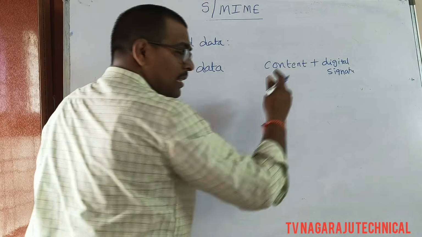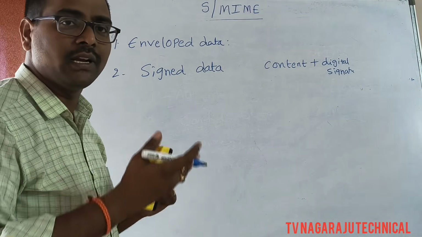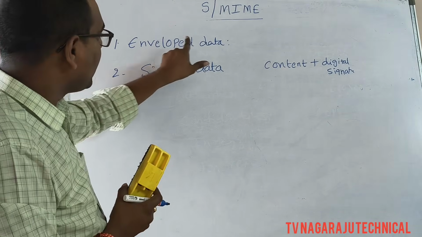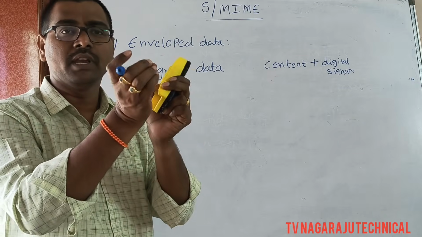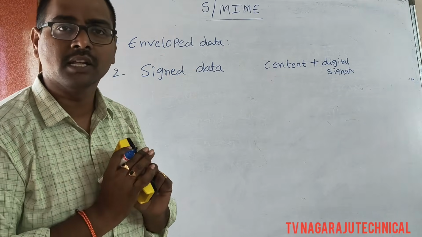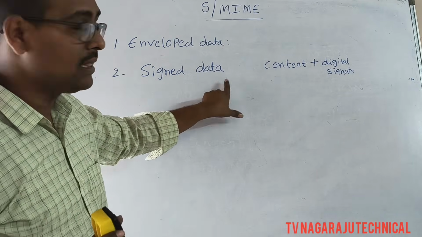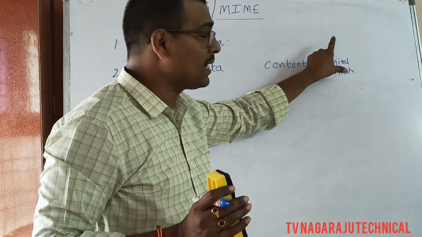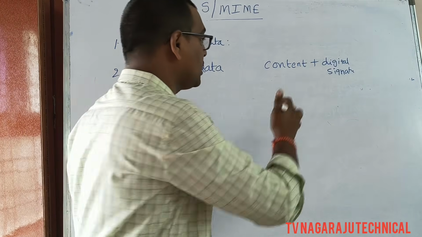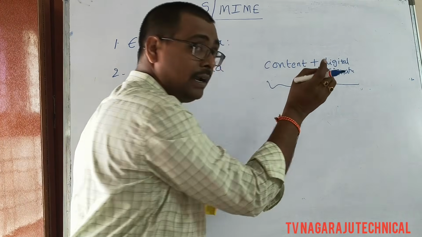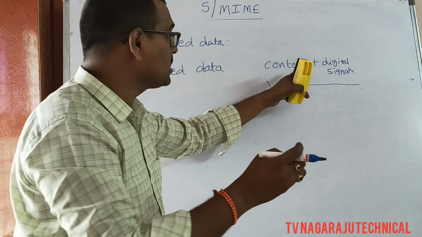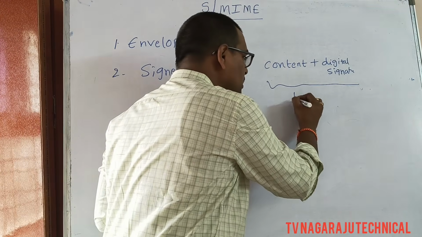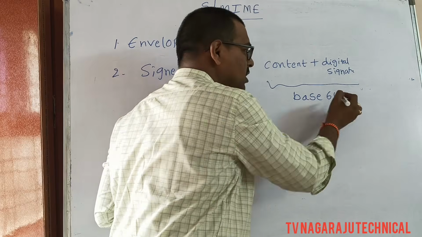Enveloped data means we just encrypt the message and then send. Signed data means for that message we calculate the digital signature. Now both the content along with the digital signature are encoded using some encoding format like base 64.